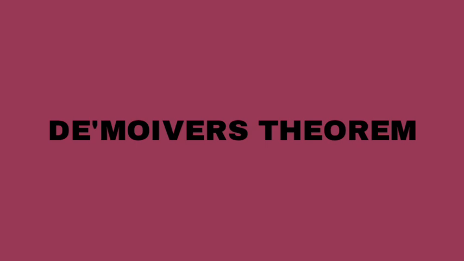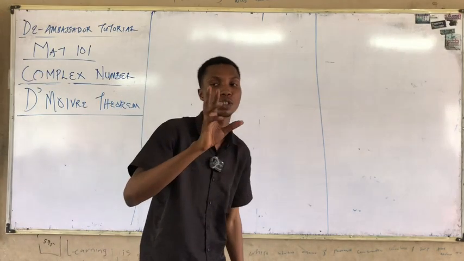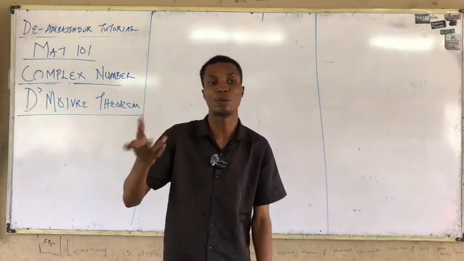Now, de Moivre's theorem, pay attention. Before we can understand de Moivre's theorem, there are two things I need to explain to you because it will help you in your understanding of de Moivre's theorem.